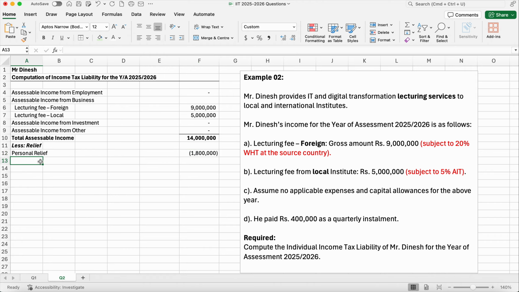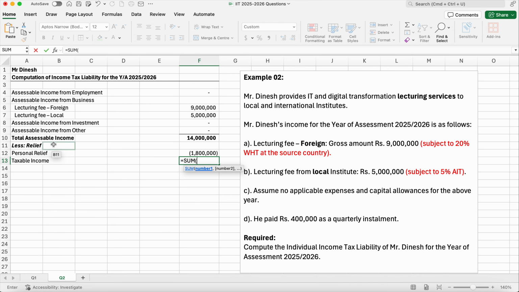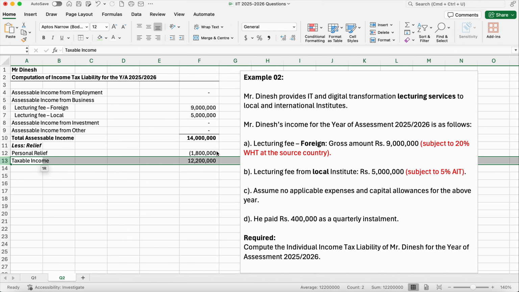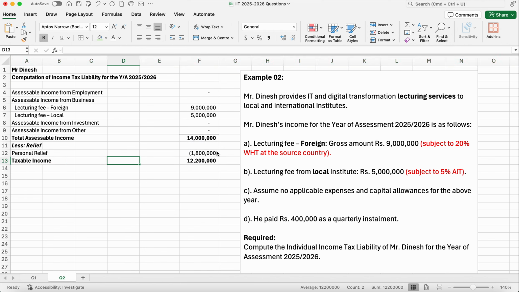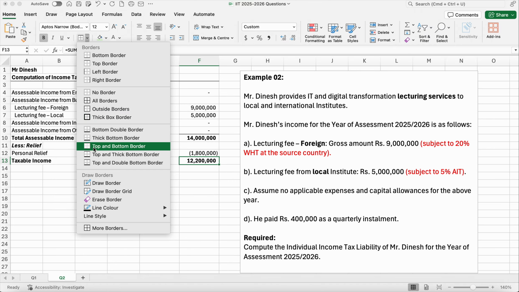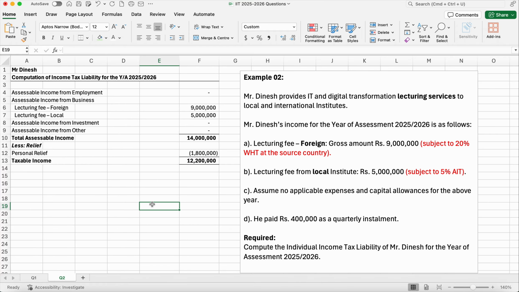So after deducting the relief available, the taxable income is this much. After calculating taxable income, I can close the bracket, because after that we just need to do the tax calculation.